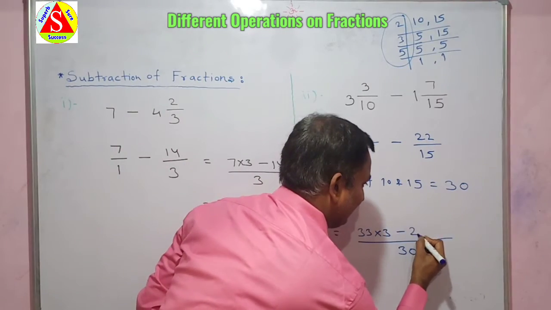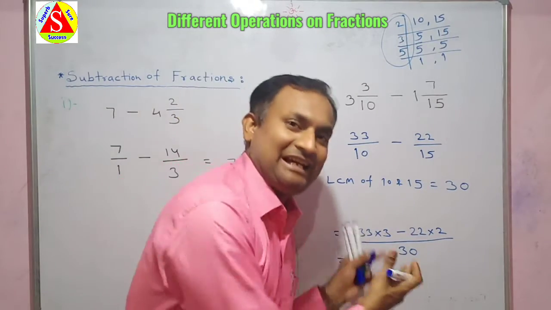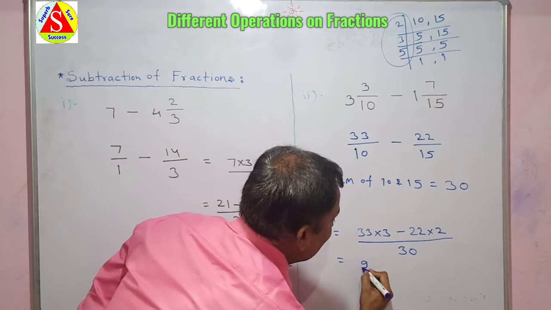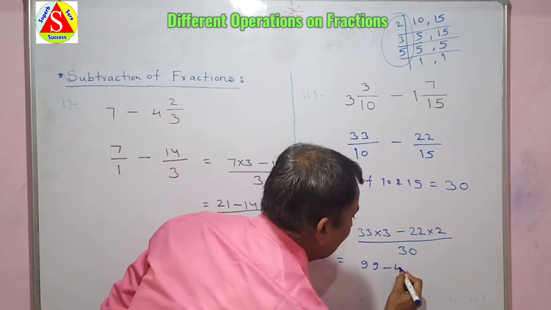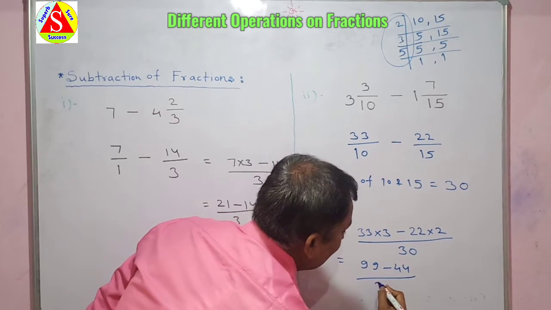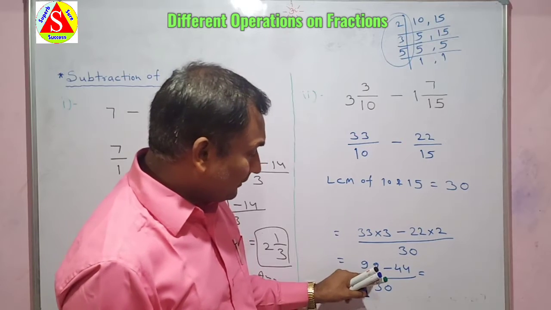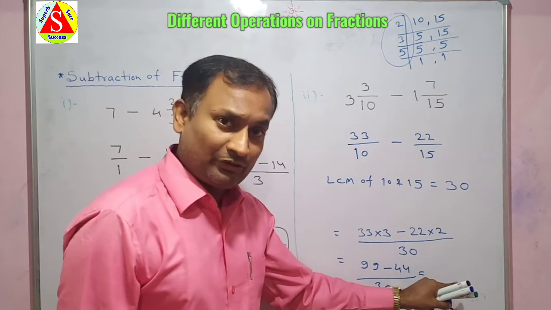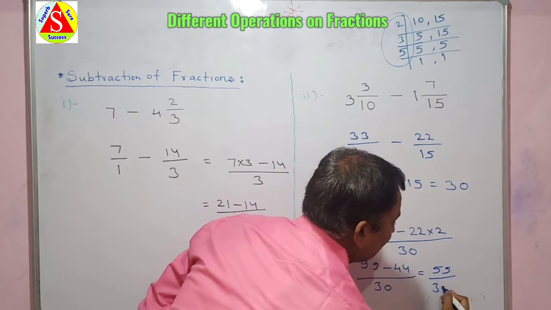It means in the numerator we will multiply by 2. Okay, let's simplify again. 33 3s are 99 minus 22 2s are 44. In the denominator we have the same, that is 30. So when we subtract, 99 minus 44, we have 55 upon 30.